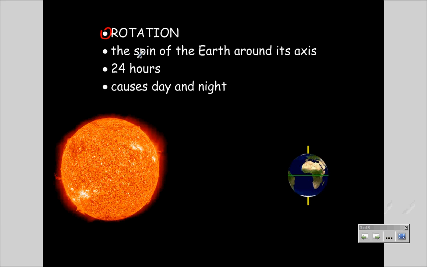When we say the word rotation, we are talking about the spin of the Earth around its axis. This rotation takes 24 hours and is responsible for day and night. So when we look at the Earth's axis, this axis is an imaginary line that runs through the north and south poles.